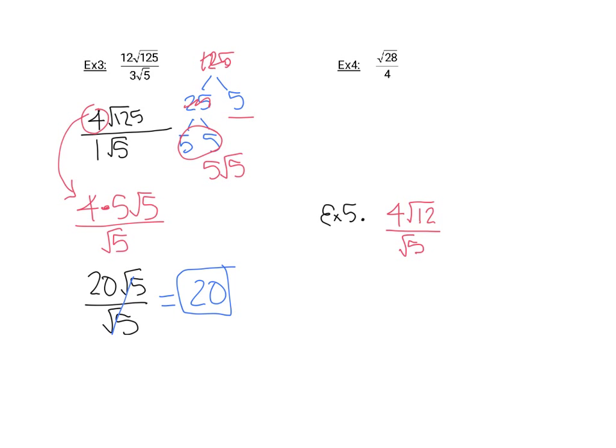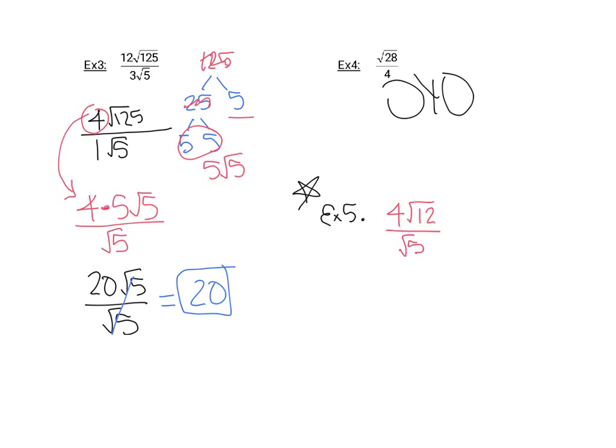All right, so I know you guys have already taken care of business and did that on your own, and hopefully you didn't just shut off the video because you're catching on that I just added an extra example. Now, for this example, we're going to notice something's going to happen because of the radical in the denominator.